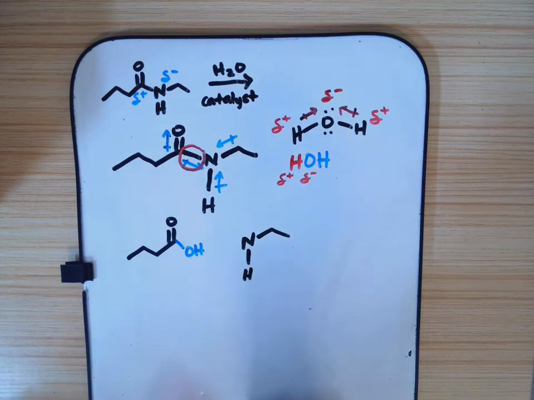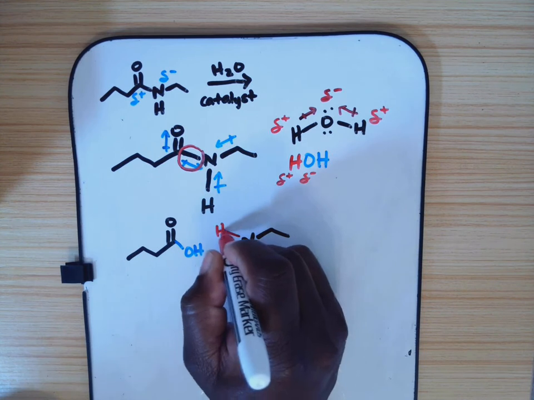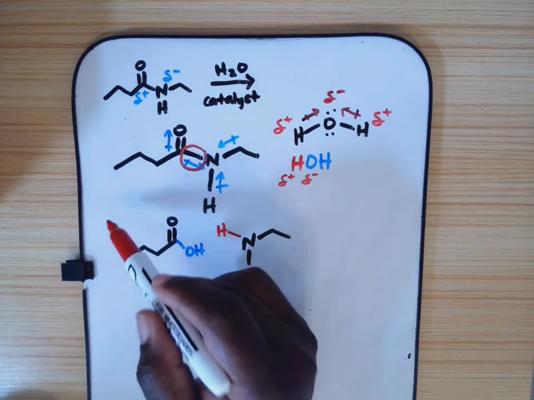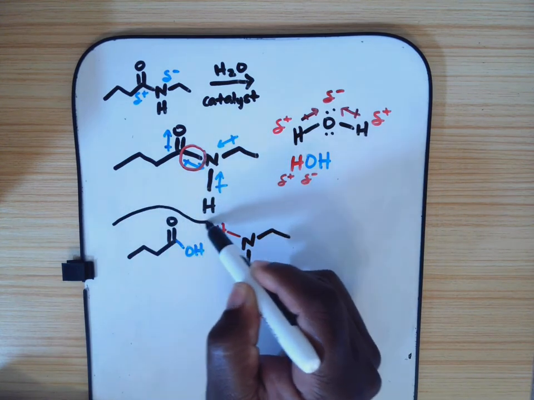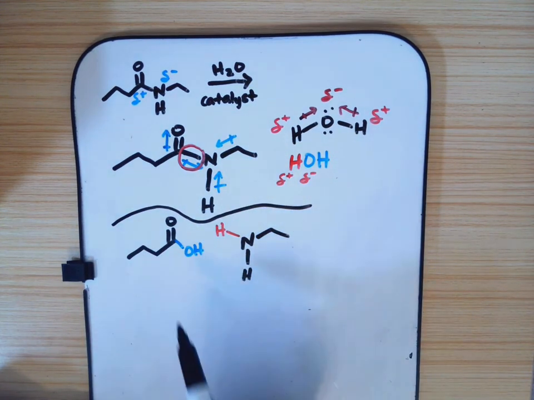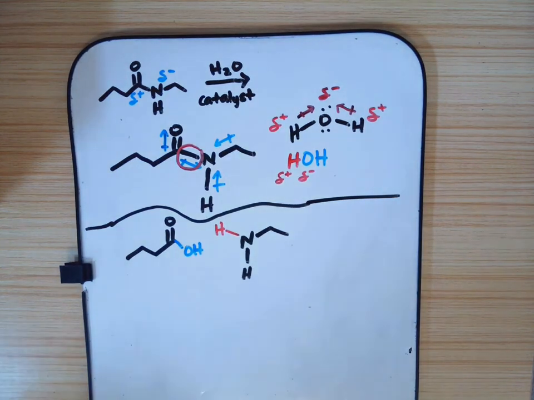Instead, it would want to be paired with the positive, which is where the hydrogen comes in. And so you end up with these two new compounds, where you have the OH, the hydroxyl, added to one, and the hydrogen added to the other. So you end up with the carboxylic acid and the amine.